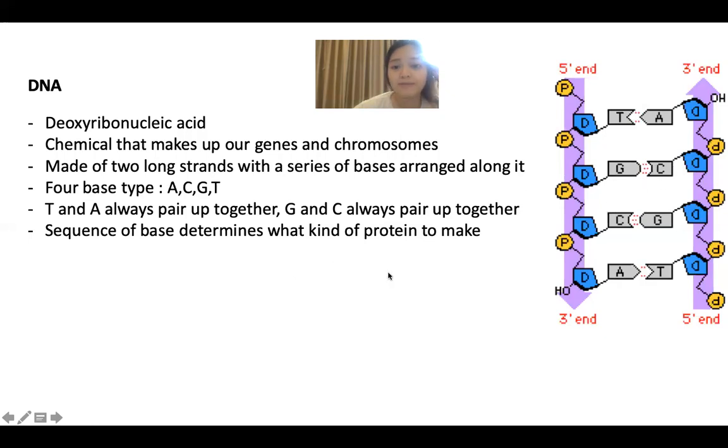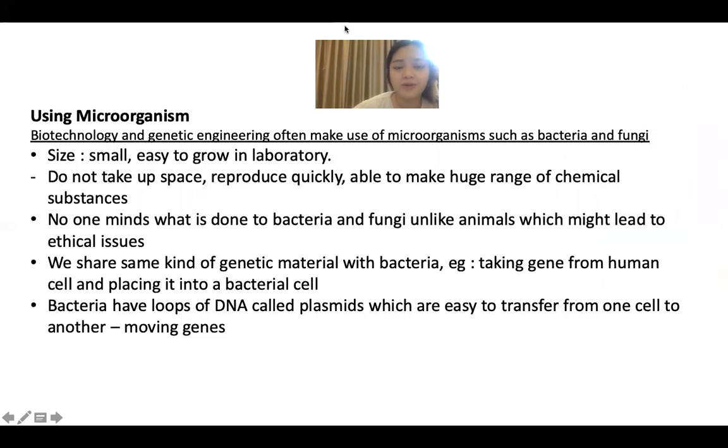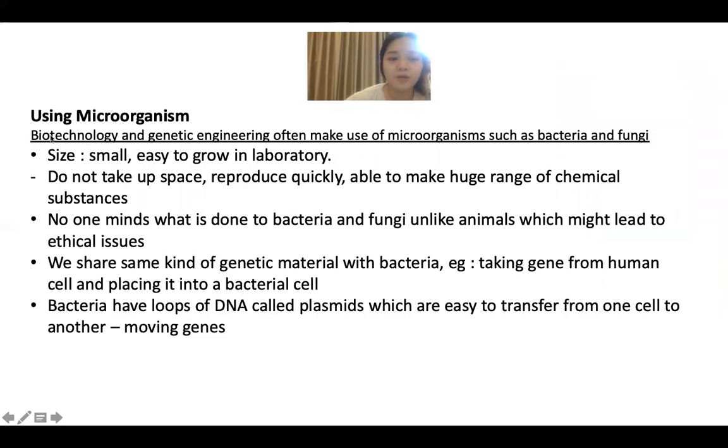All right, now let's go back to using microorganisms. In biotechnology, genetic engineering often makes use of microorganisms such as bacteria and fungi. This is an important aspect, which is sometimes the essay question will ask you: is it okay to use microorganisms? Why do we use microorganisms instead of using animals?